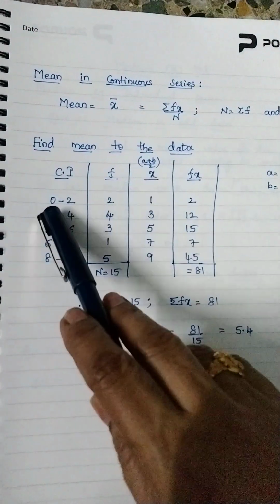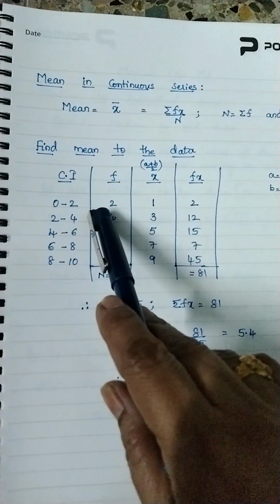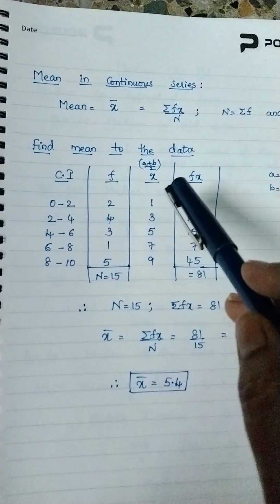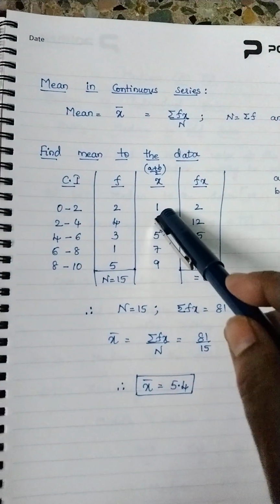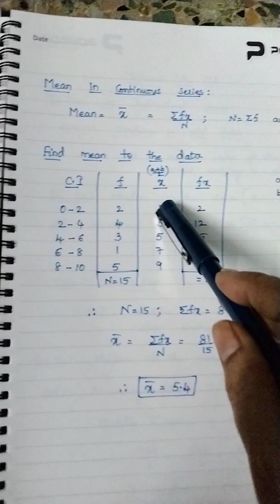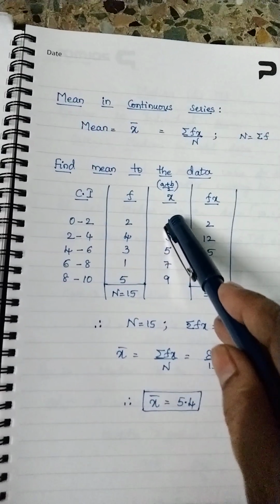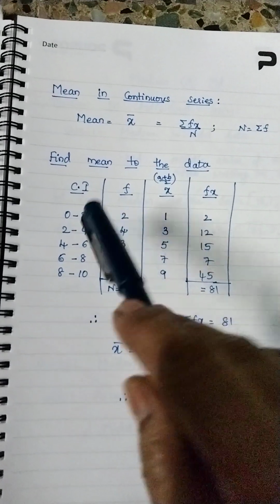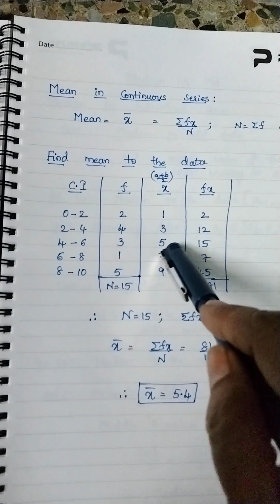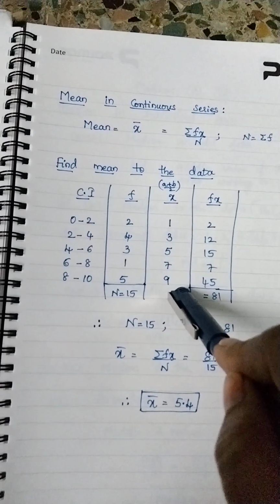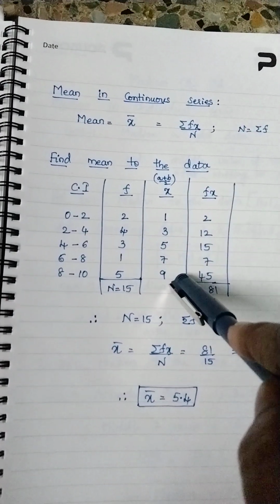Or else, what is the gap between the classes? The width of the class interval is 2. So you can find the first middle value, then add the width of the class interval to get your remaining middle values: 1 plus 2, 3; 3 plus 2, 5; 5 plus 2, 7; 7 plus 2, 9. This is the way to find the middle values.